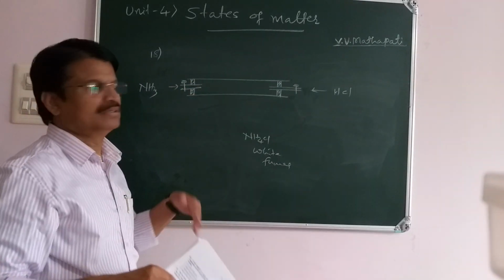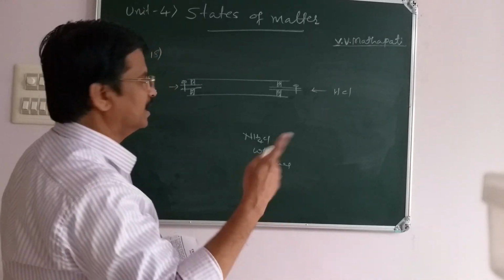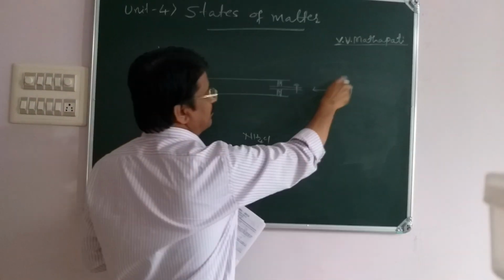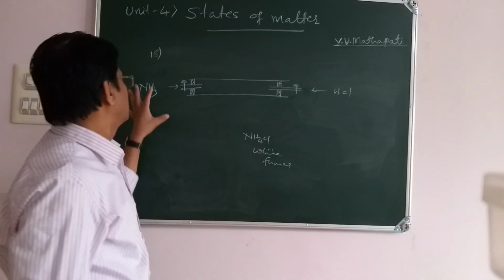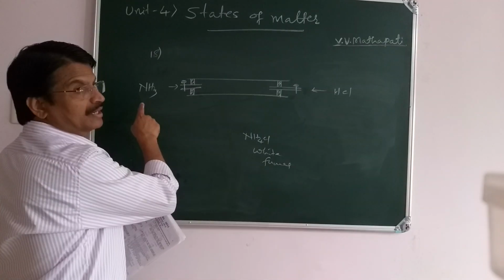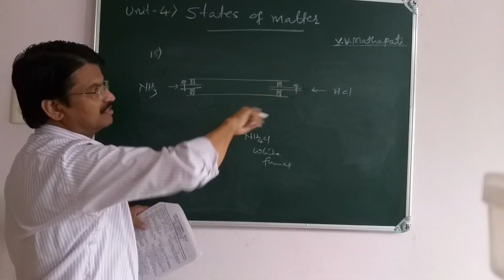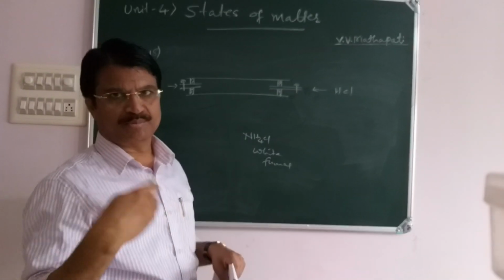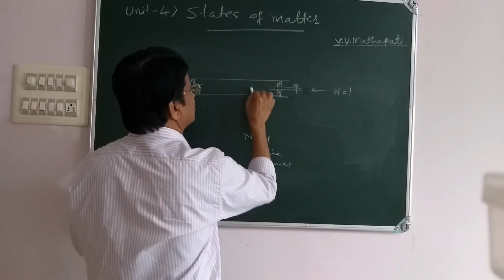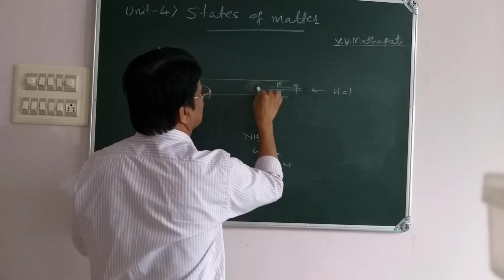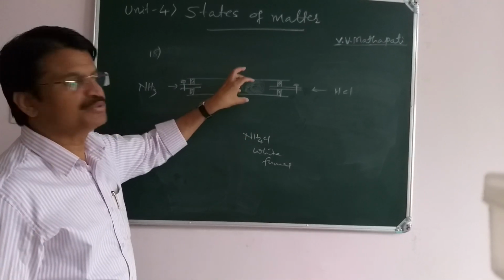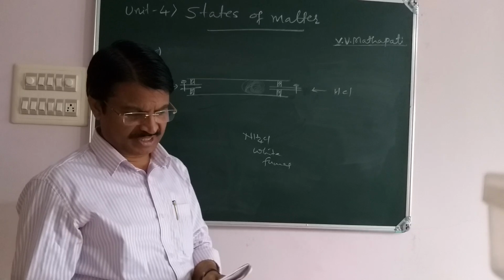Now again about the velocity of the gas molecules or rate of diffusion: compare the molecular mass of ammonia and molecular mass of HCl. Then the rate of diffusion of ammonia is faster than the rate of diffusion of HCl. Therefore, nearer to the HCl end, there is a white fume or white gas formation of NH4Cl.